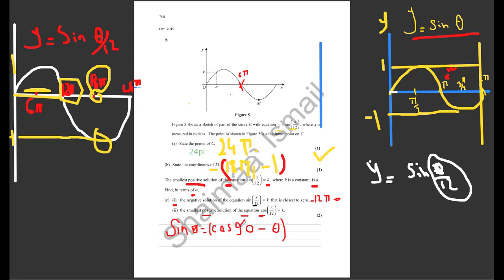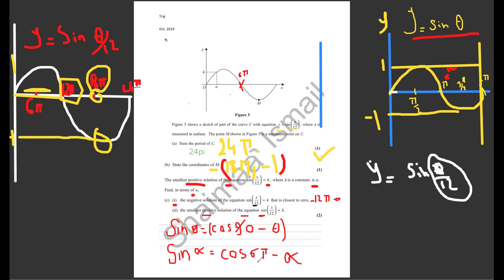So sine alpha will be equal to cosine of 6 pi minus alpha. Instead of theta, we're going to put alpha like this.